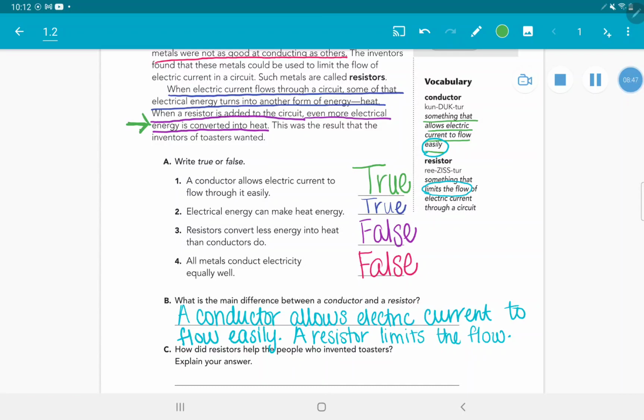Yeah. Okay, but do they want it to get extremely hot? No. Okay, so there's a certain range that it has to get at, and the resistors help that to happen. When a resistor is added to the circuit, even more electrical energy is converted into heat, and you have to have heat for the toaster to work. So go ahead and answer that question, and then you may submit.